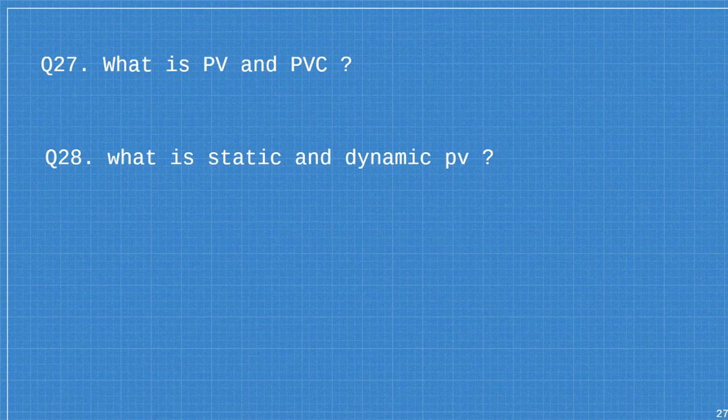So we can make a dynamic PV. With dynamic PV, we can directly define the PVC object whenever we require, like we do by using storage classes in Kubernetes.